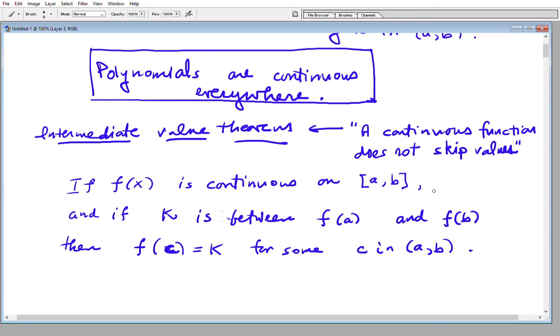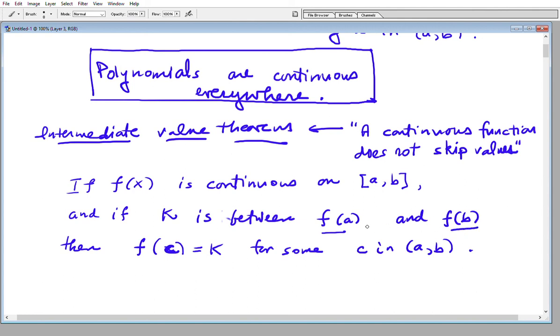Now, like I said, it's nice to just remember this little phrase that a continuous function does not skip values. So let's see how this means that a continuous function doesn't skip. Let's say this function starts at f of a at the beginning of this interval. It ends up at f of b at the end of this interval.